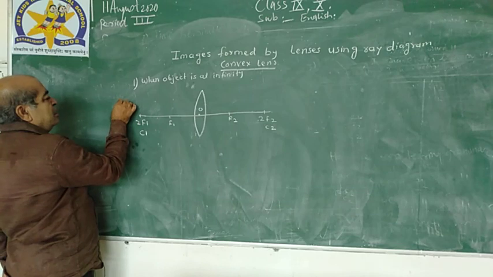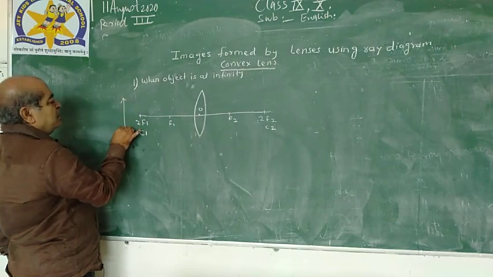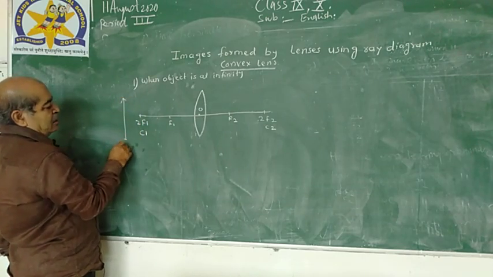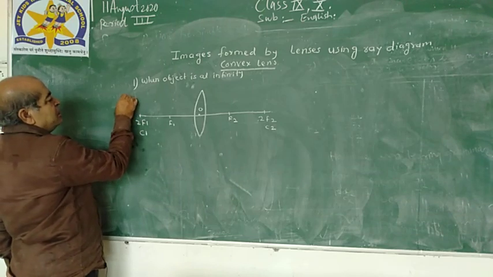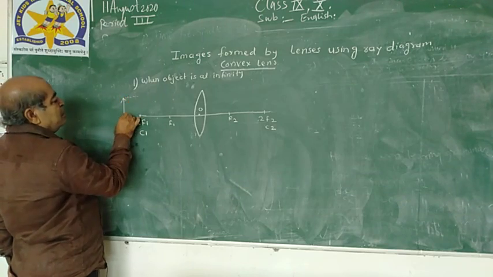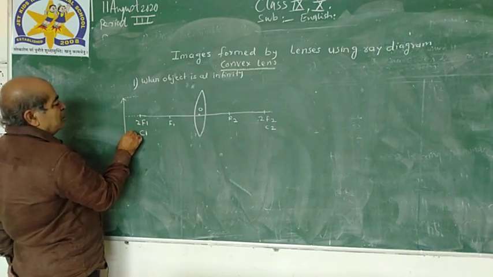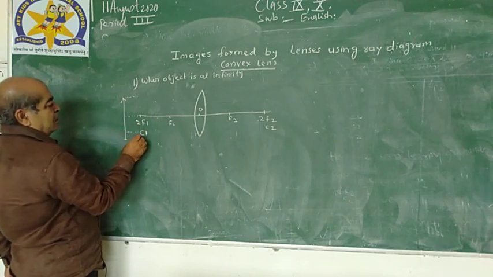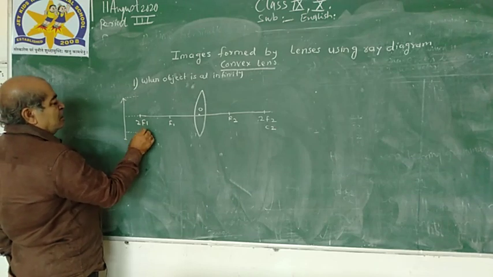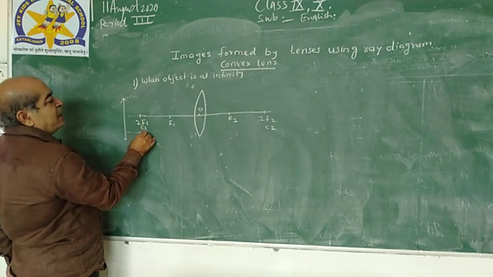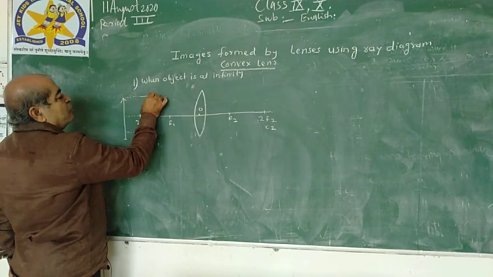So when the object is at infinity, this is the object, and for infinity you draw the dotted line. So this is the object at infinity.